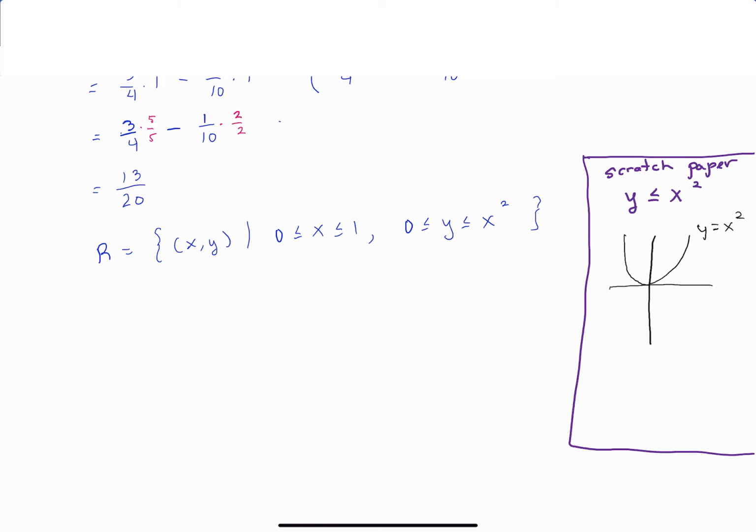They're smaller down below; as you go down, y's get smaller. So that's the region we want if all we're doing is graphing y is less than or equal to x squared. But of course, we have more going on here than that, so let's get that into the picture.